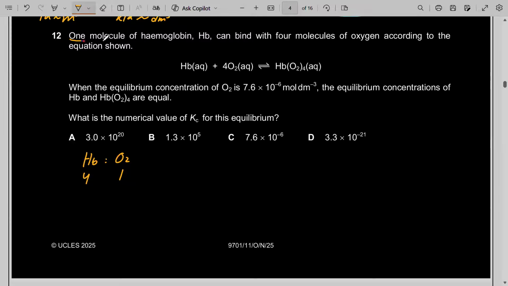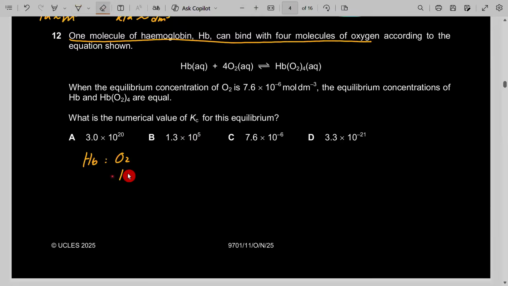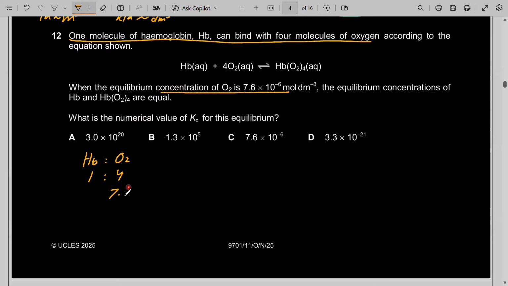According to this statement, 1 molecule of hemoglobin binds with 4 molecules of oxygen. Sorry, 4 molecules of O2 and 1 molecule of Hb. And we are already given the concentration of O2 over here, which is 7.6 times 10 raised to the power minus 6. For this case, we need to find how much concentration of hemoglobin that will be, that becomes X.